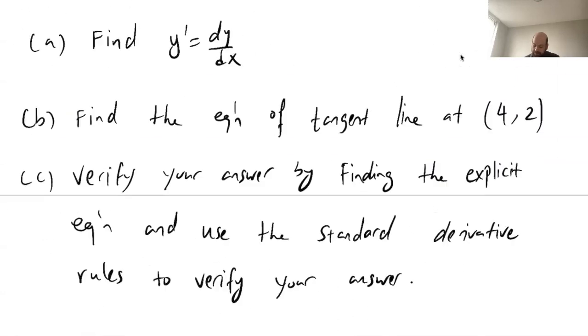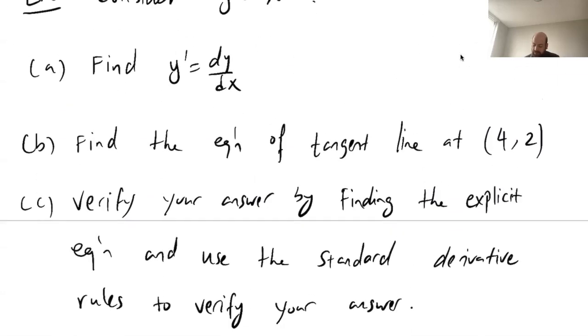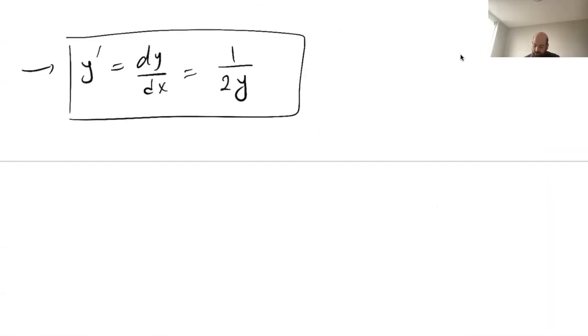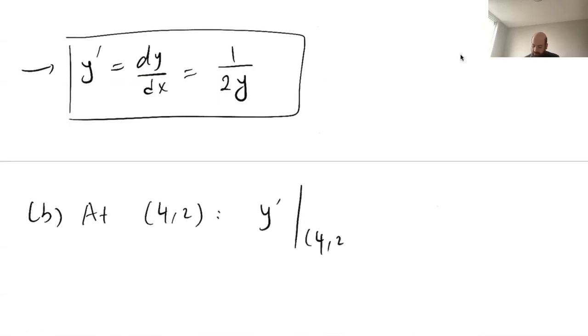And then part B says find the equation of the tangent line at (4, 2). So for part B, at the point (4, 2), y prime is 1 over 2y at the point (4, 2), right?